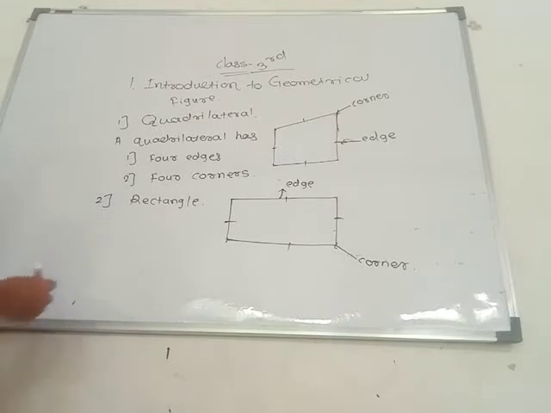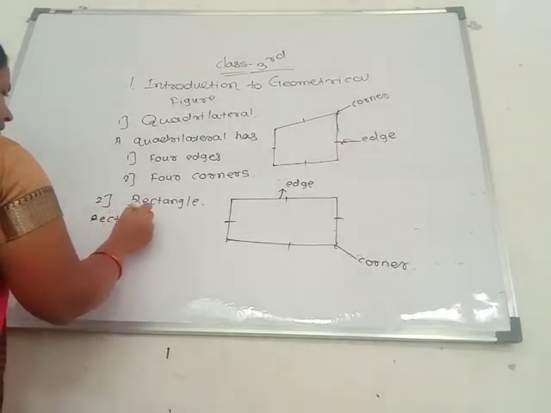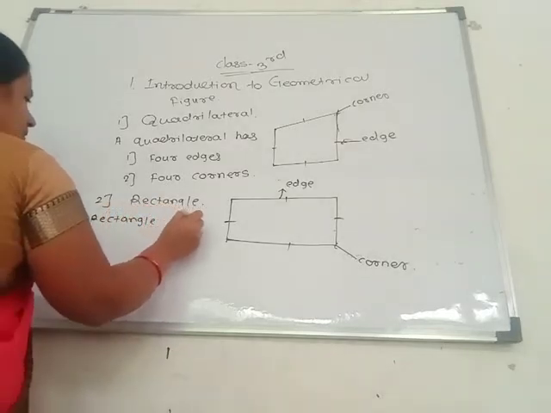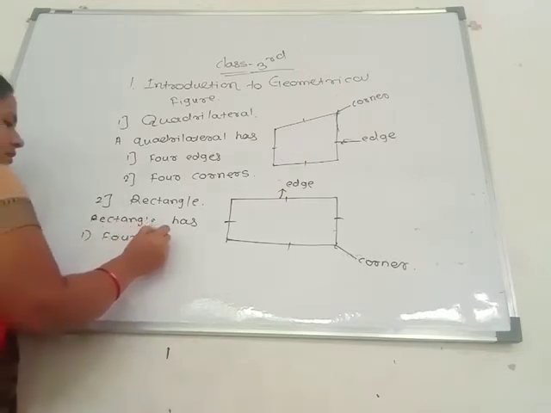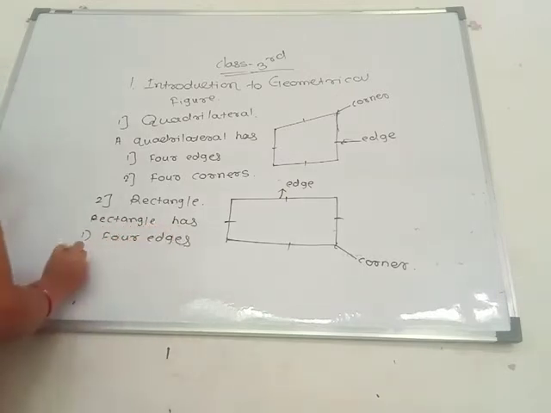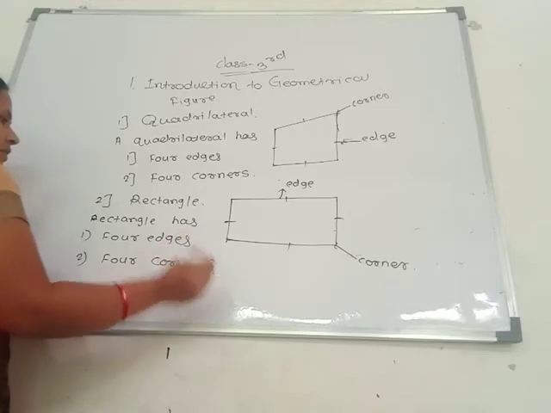Then you write here: a rectangle has first point 4 edges and second 4 corners.